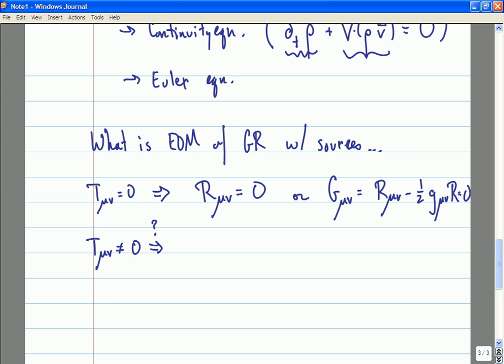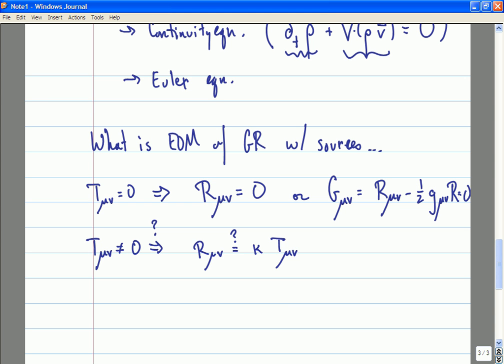Well, the first thing that I would like to point out is that we want to write down some equation where we have the curvature of space-time on one side and the stress-energy tensor on the other side of the equation. So you might naturally try and write down an equation like R mu nu is equal to kappa T mu nu, with some constant of proportionality kappa that we're going to have to determine.